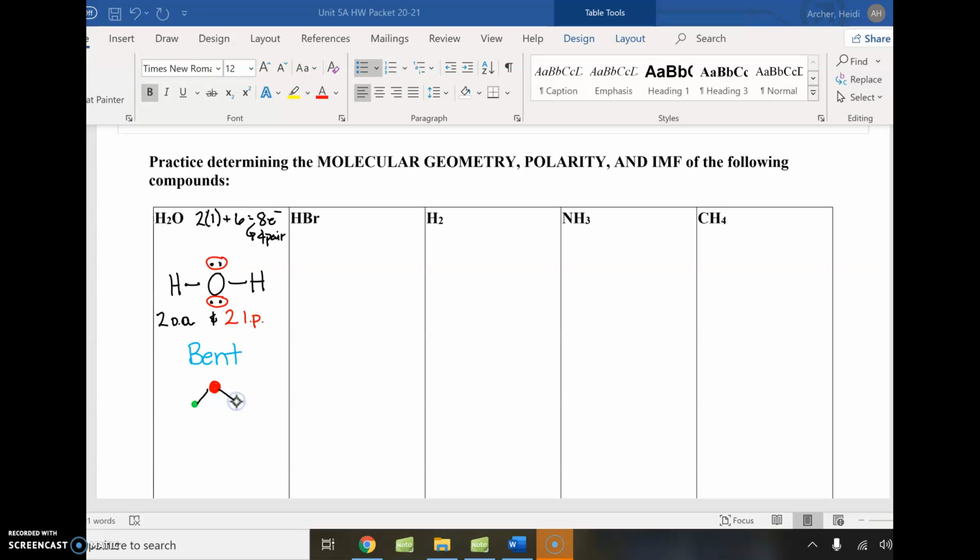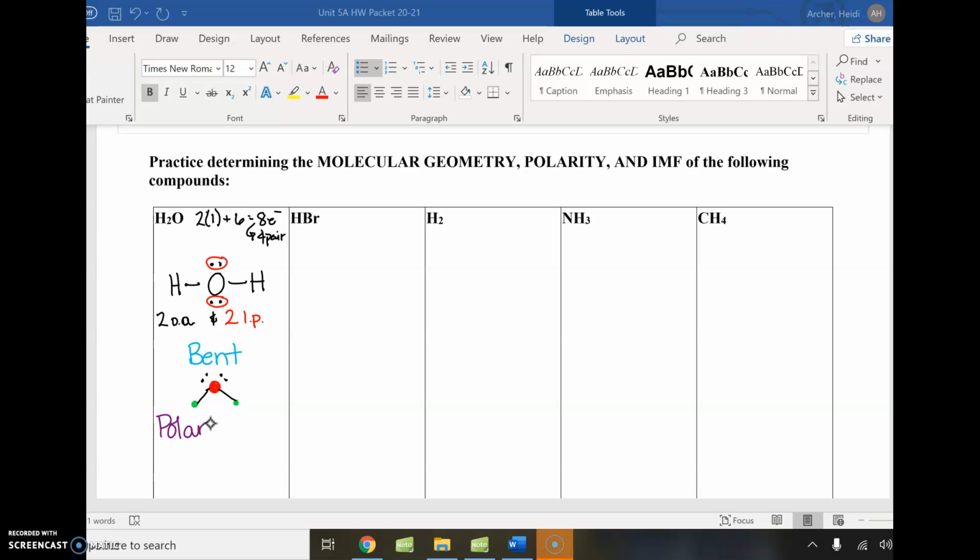So we have our 2 bonds that are created there, and then we just have to imagine that those 2 extra pairs of electrons are up there, and that's what is causing those 2 atoms to deflect downward. So we have to ask ourselves 2 questions. Is this a symmetric shape or an asymmetric shape? And to answer that question, we say, does it have lone pairs? The answer is yes, it does have lone pairs, and it is an asymmetric shape. Therefore, it is polar.